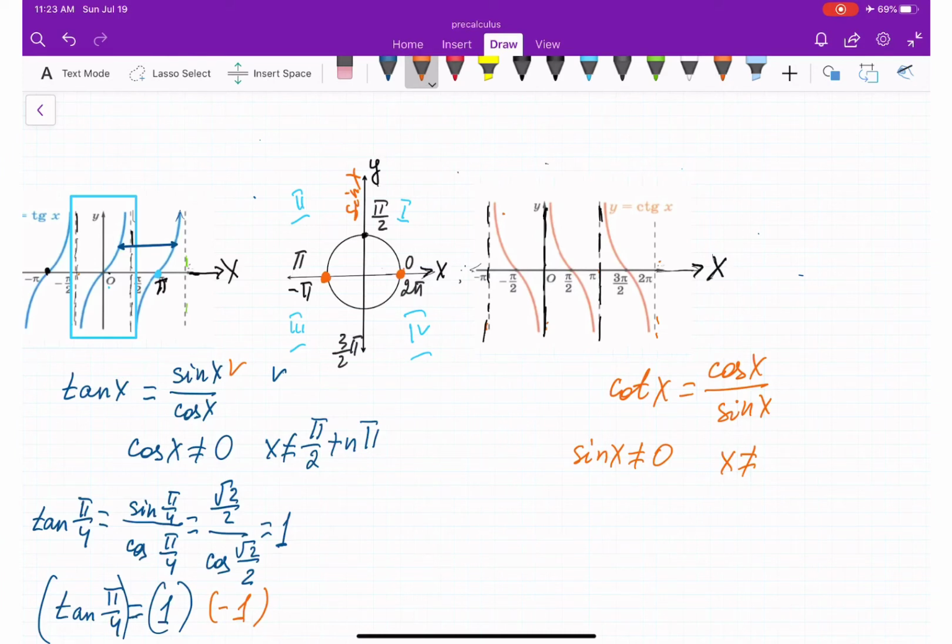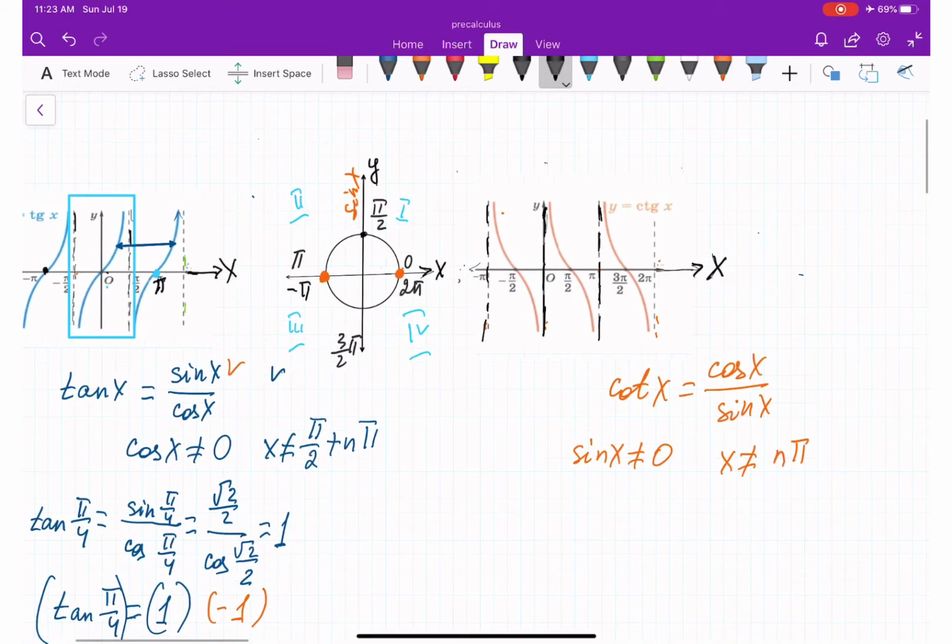And then again 2 pi, and then 3 pi, and so on. So it can be 0 plus n times pi. So 0 I'm not writing, we put n times pi. So that means that at 0, pi, 2 pi, 3 pi, negative pi, negative 2 pi, we are having asymptotes. Here it is. And for negative pi, I can put also, those are asymptotes.